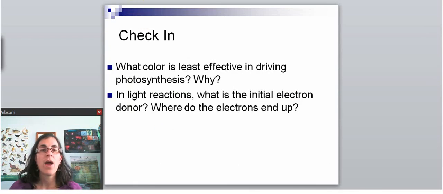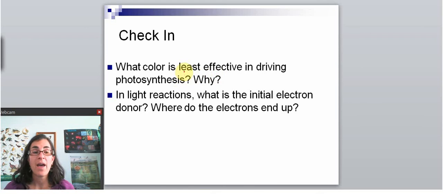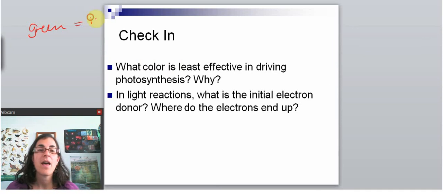So just to wrap up the light reactions, the question is, what color is least effective in driving photosynthesis and why? If you remember back, this is all about the ability to absorb light. Absorbed light is the light that can be used in photosynthesis. Reflected light is not absorbed and can't be used in photosynthesis. So when you look at the chloroplast, it's green, and that means it's the reflected light that's not absorbed.